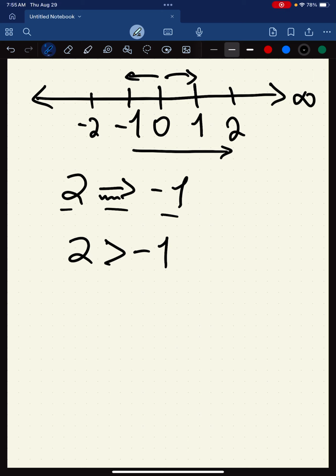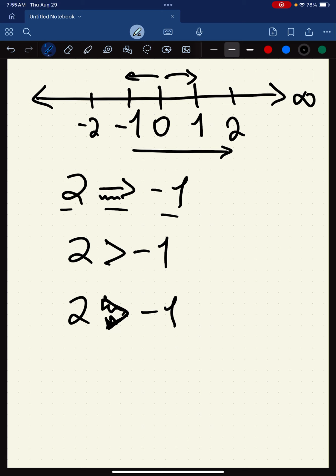Now, another way to remember this is something that I think we may have all at least heard about before. Whenever you're trying to figure out which way the sign goes, we can imagine it as being an alligator with teeth and saying the alligator always eats the bigger number, right? The open side is always toward the bigger number.